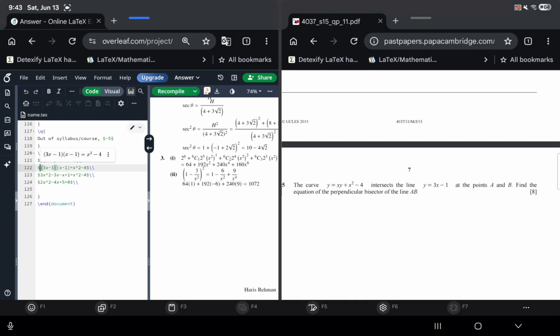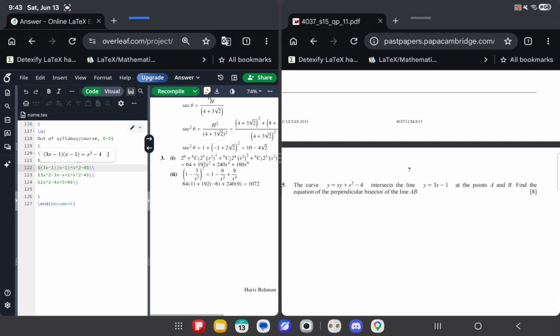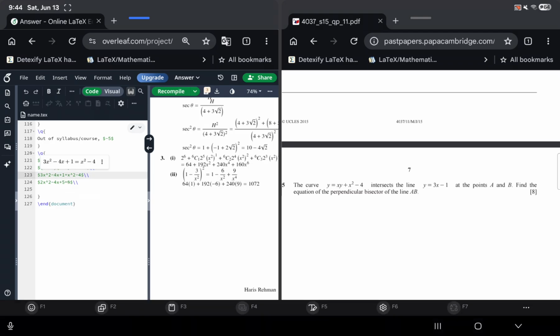So this is expanding 3x minus 3x squared minus 3x minus x plus 1. Yes, so 3x squared minus 4x and 4x remains. Why is this not like so? What is wrong? Dude, intersect the line and the points A and B. Y is equal to 3x. Why is this not working?